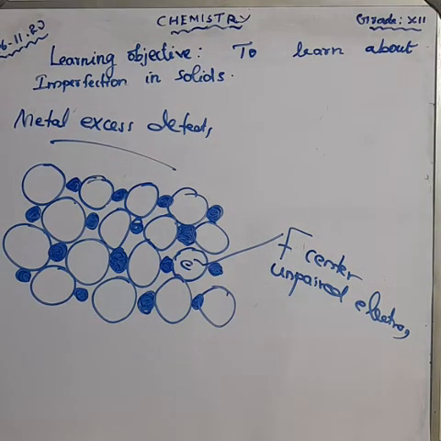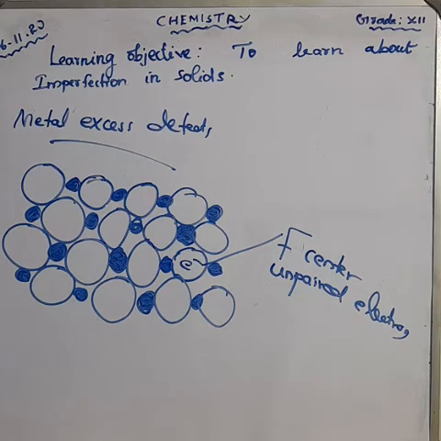Anyhow, here we can take alkali metal halides, NaCl, KCl, and these are the examples we can give for a metal excess defect.